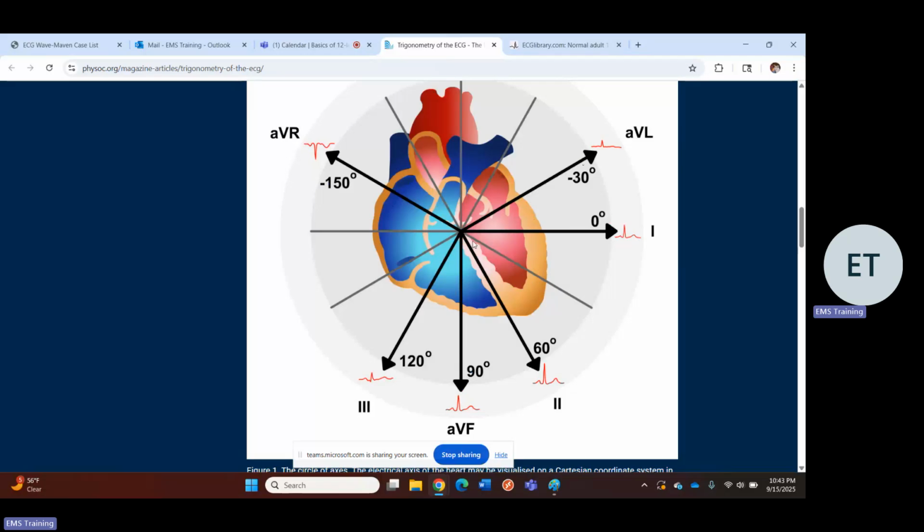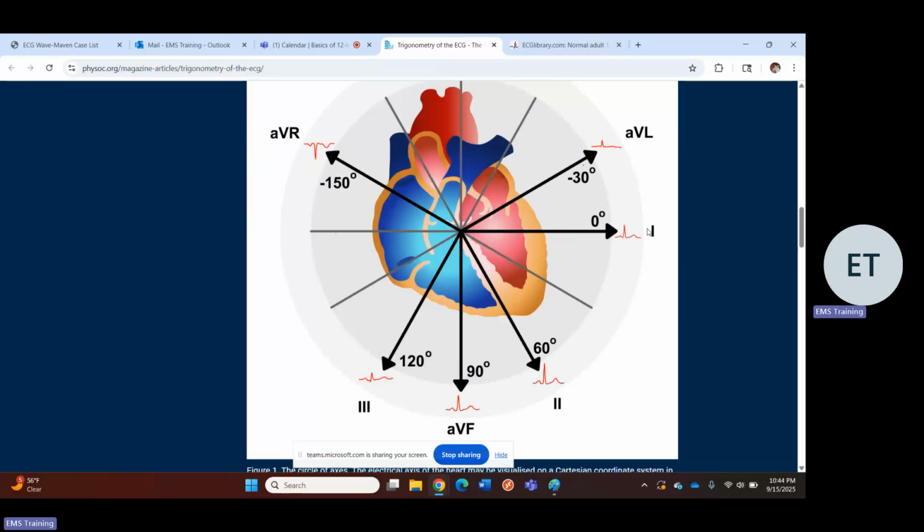AVR is opposite where the electricity vector goes. So lead 1 is going kind of in the same direction as the vector. Similarly, lead AVF is going kind of in the same vector, not quite as good as lead 2. The point of this is that lead AVF should be positive, and lead 1 should be positive as well.